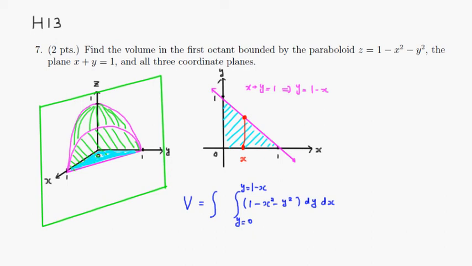Then to cover the entire region, x has to go from 0 all the way to x equals 1. So x is going to go from 0 to 1. This will give you the volume of this solid right here, and let you evaluate this integral. That's it. I hope that this will get you going.